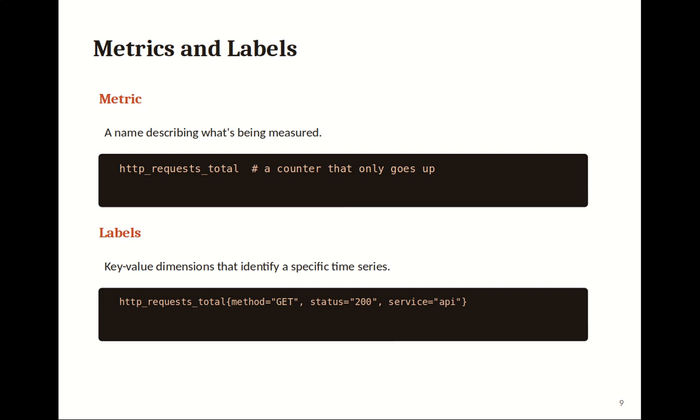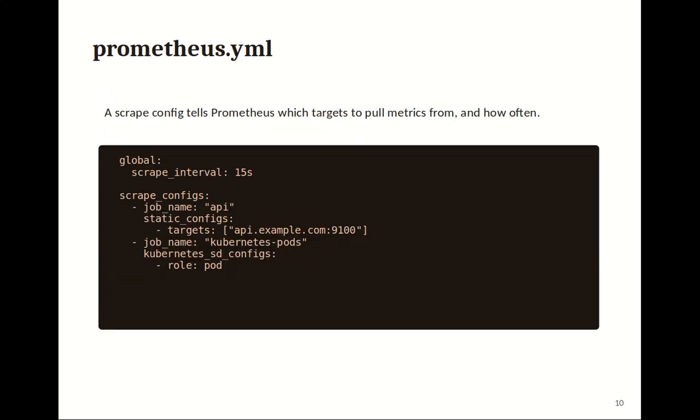Metrics and labels. Metric: a name describing what's being measured. Labels: key value dimensions that identify a specific time series. prometheus.yml: a scrape config tells Prometheus which targets to pull metrics from and how often.